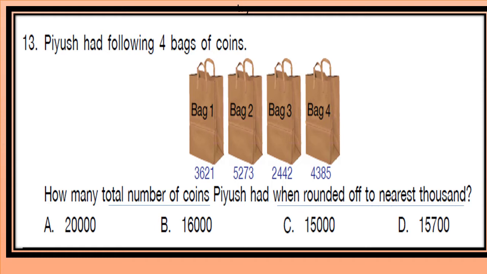How many total number of coins Piyush had when rounded off to nearest thousand? So first you calculate the total number of coins in bag 1, 2, 3 and 4 respectively, and then find the number which is nearest to 1000.